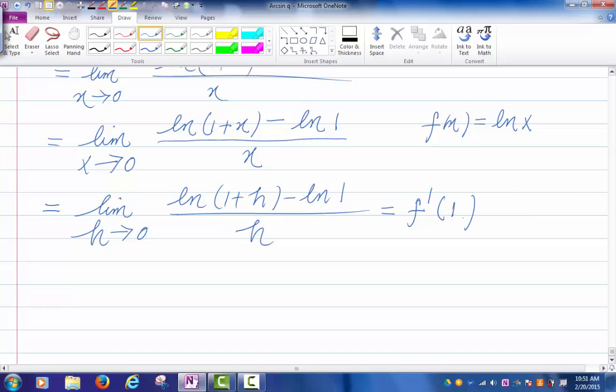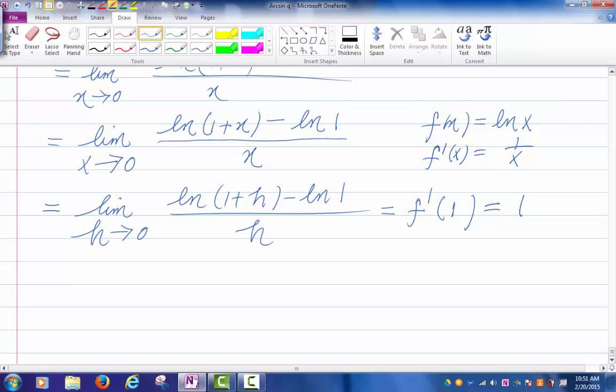This is f prime of 1. If you think about the limit definition of derivative, if I take f of x to be ln of x, f prime of 1 by definition is that limit. Okay? Well, do I know the derivative of ln of x? What is the derivative of ln of x? 1 over x. So this f prime of 1 is exactly 1. Right? Now I'm using the derivative, because I already know the derivative of ln, I'm using that to compute this limit. Am I making sense?